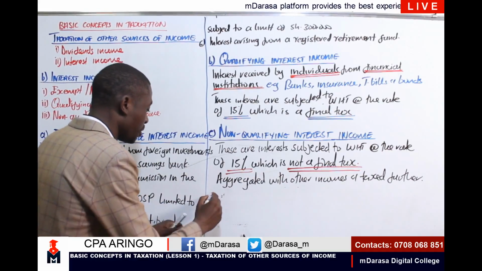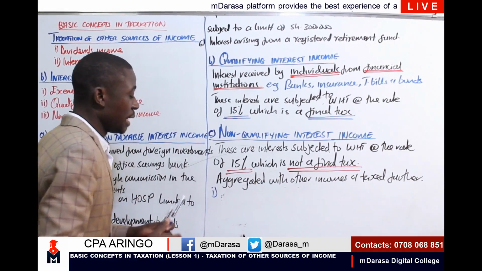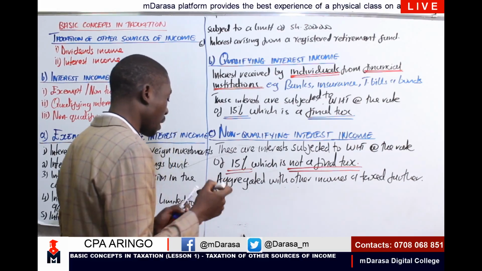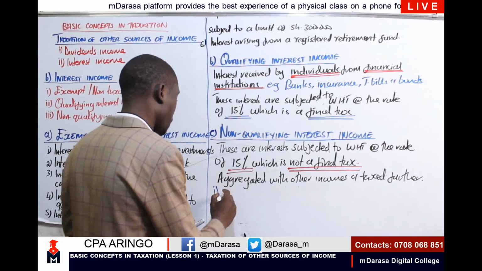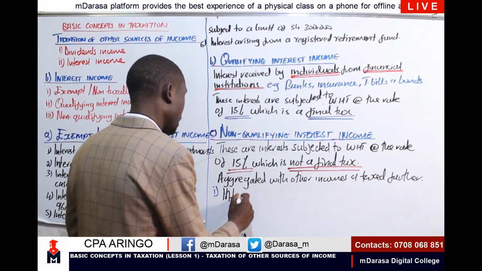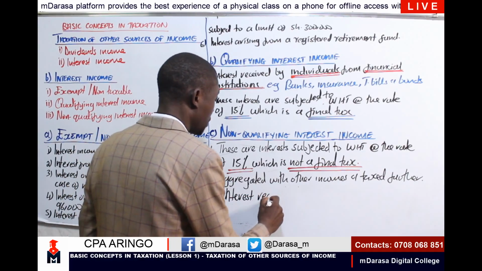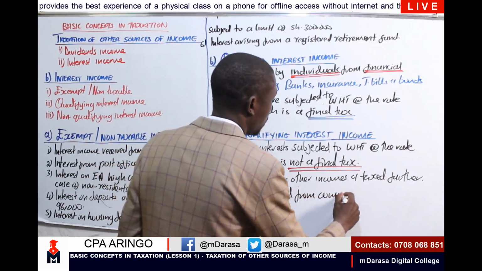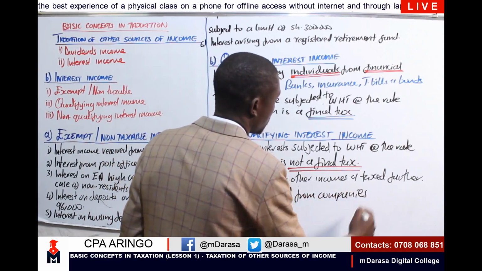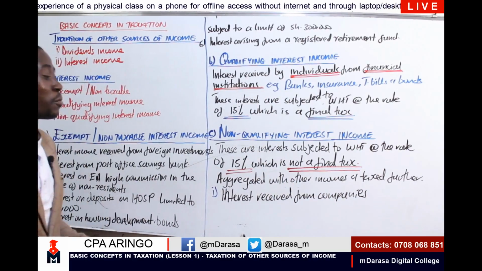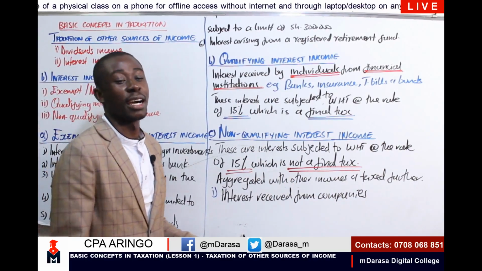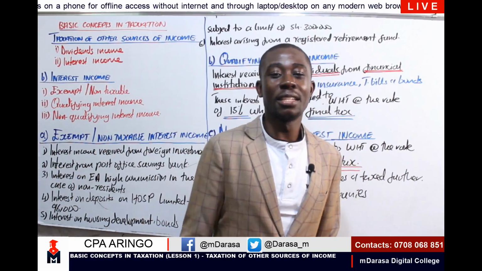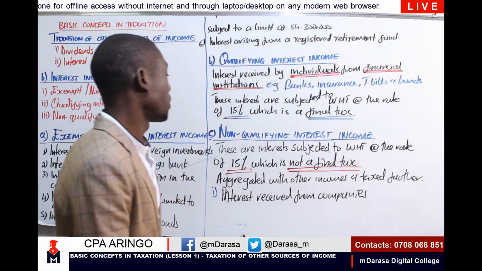These interests include, number one, interest received from companies. I'll be very specific: interest received from companies, that is, it can be received from companies by other companies.